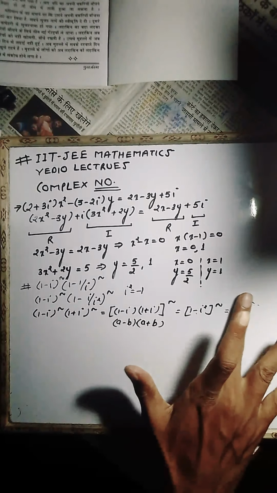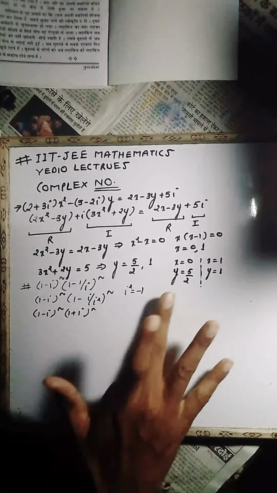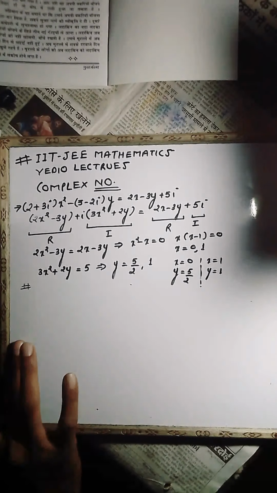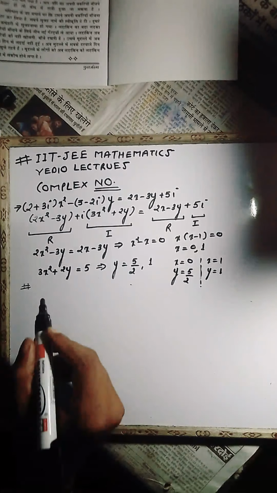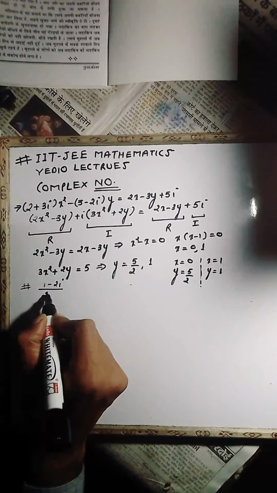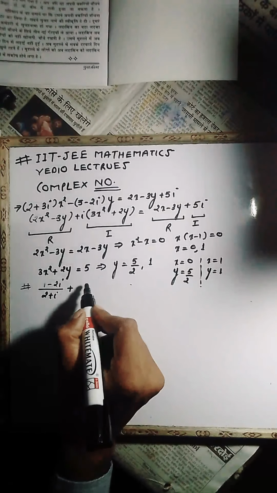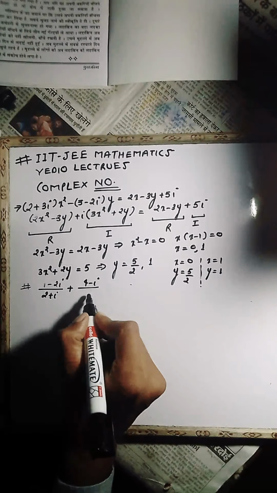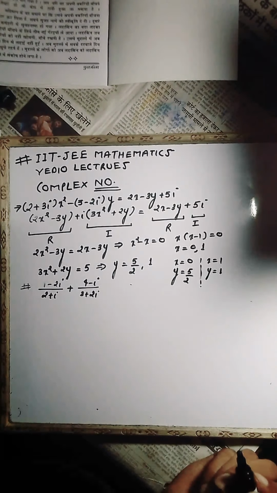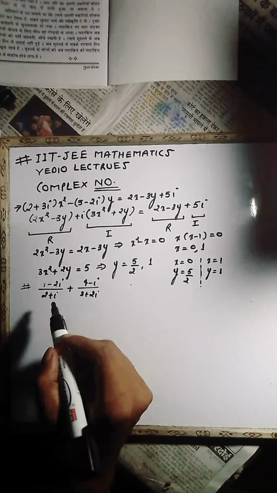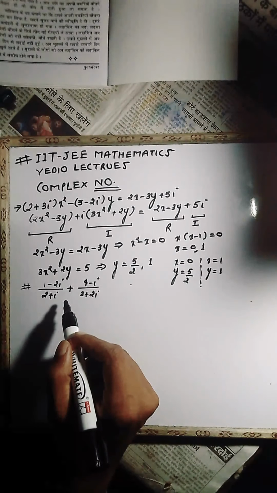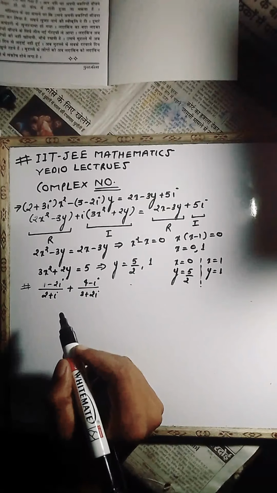So one more problem we will see, and these problems are directly from the IIT JEE papers. So the next problem is (1 minus 2i) upon i plus (4 minus i)(3 plus 2i). So what we will do here, we will solve these two individually by making their complex conjugate.